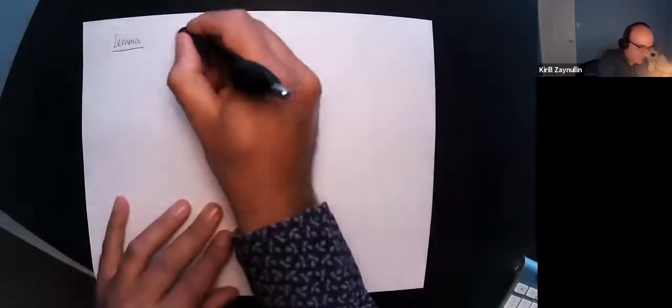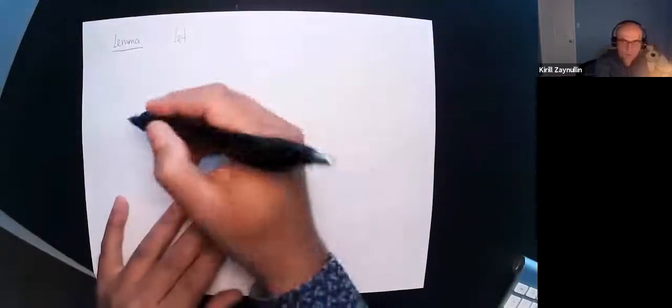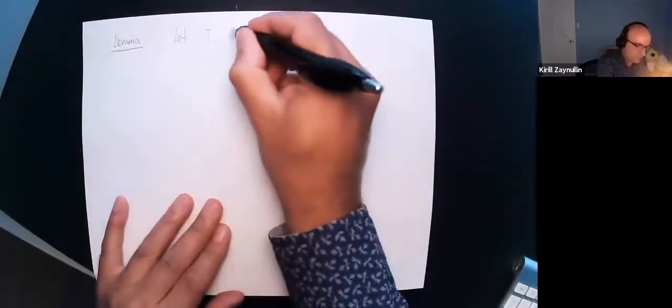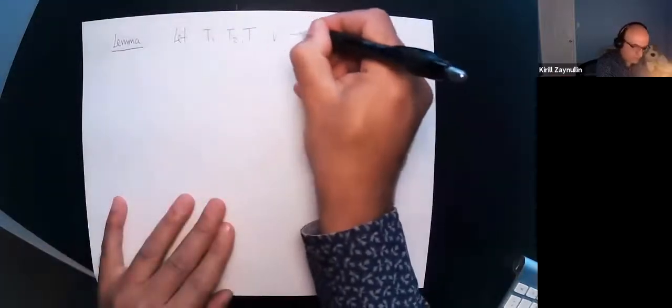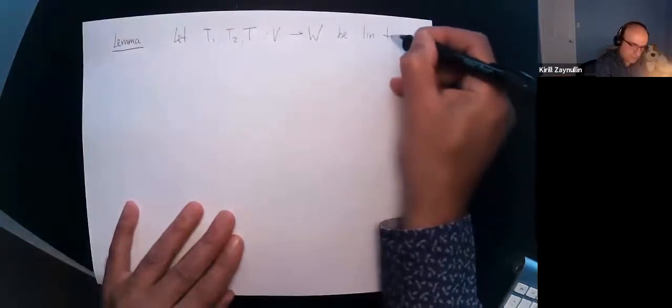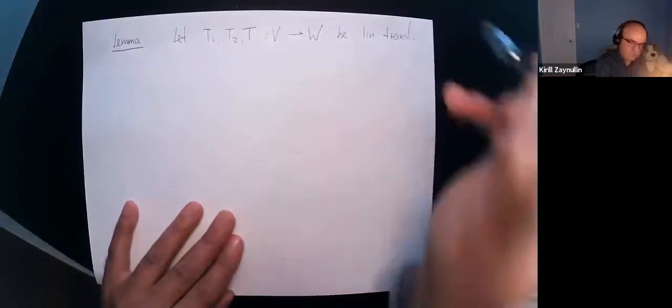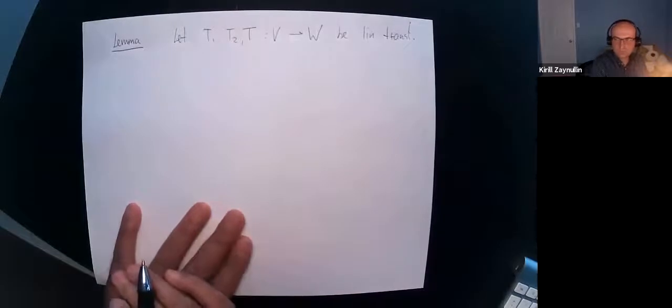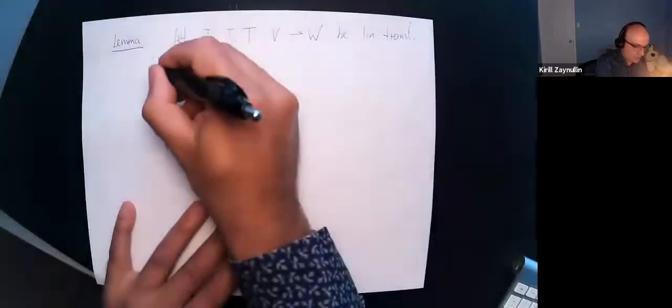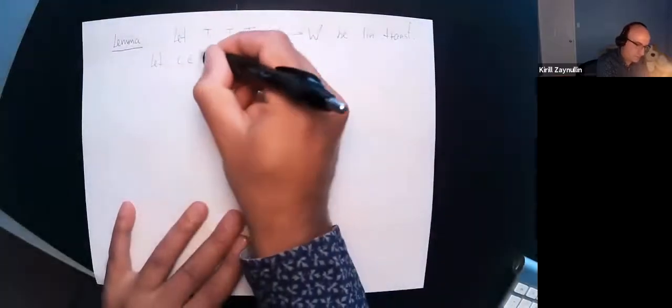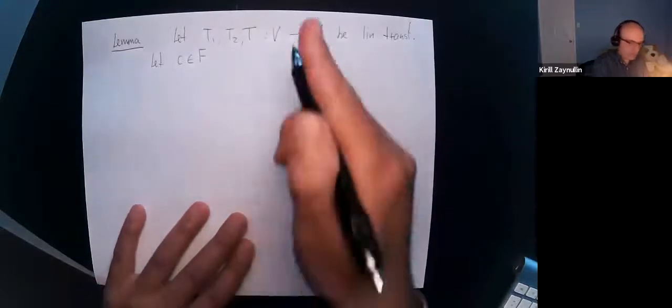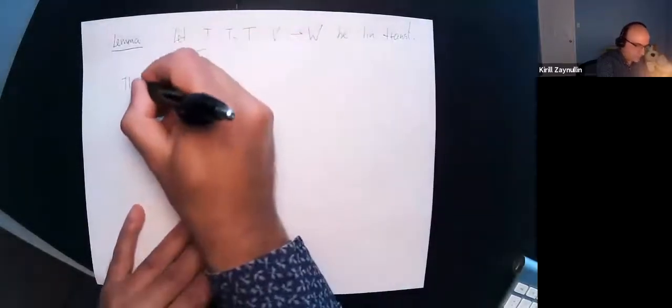Suppose we have linear transformations T1, T2 from V to W. And suppose also that C is some fixed constant. Well, then we have the following.